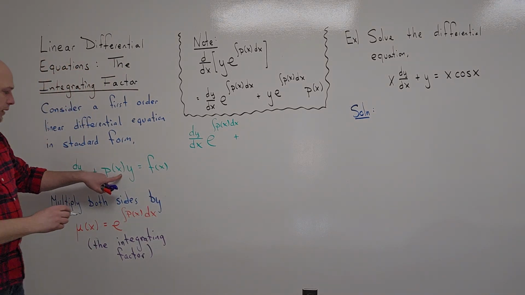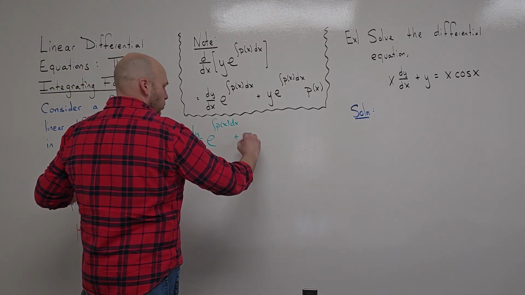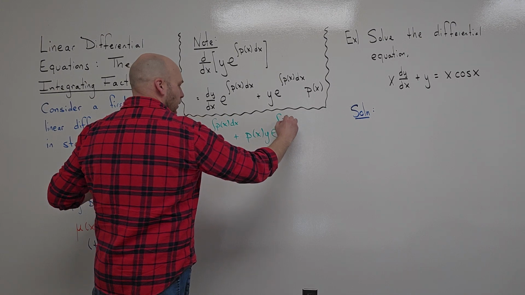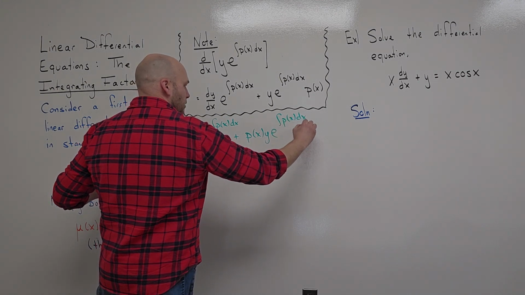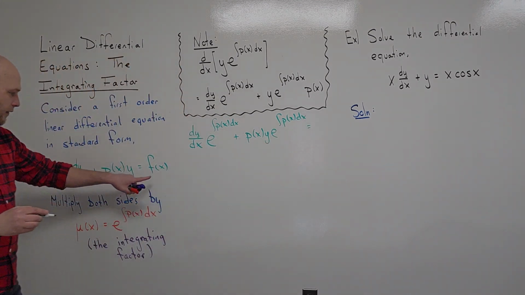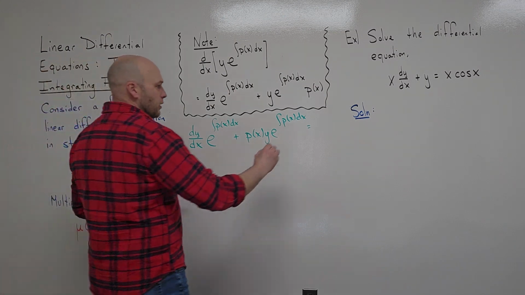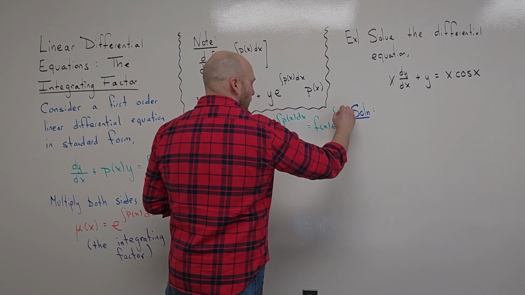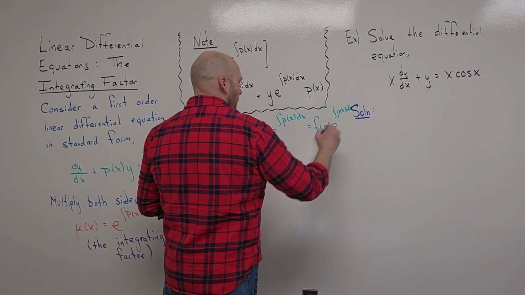Now I multiply it by this: plus p of x times y times e to the integral of p of x dx. On the other side, I would have f of x times the integrating factor, so f of x e to the integral of p of x dx.